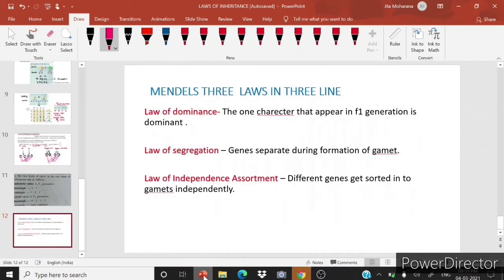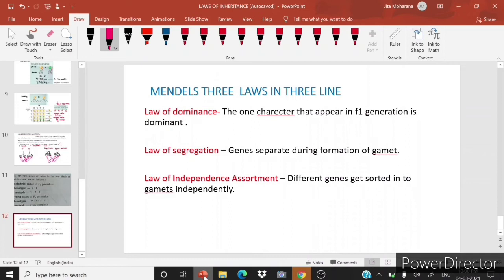Next comes the most interesting part of this video, Mendel's three laws in 3 lines. The first law was the law of dominance, then the law of segregation, then the law of independent assortment.